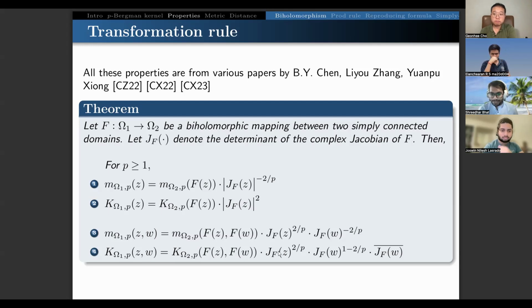Now you can see that I'm writing this J_f of z raised to the power 2 over p. In general, if p is something between 1 and infinity, this 2 over p will be some rational number or irrational, like it may not be an integer. So that is why I'm having this condition that it be from a simply connected domain, so that I don't have all these branching problems.